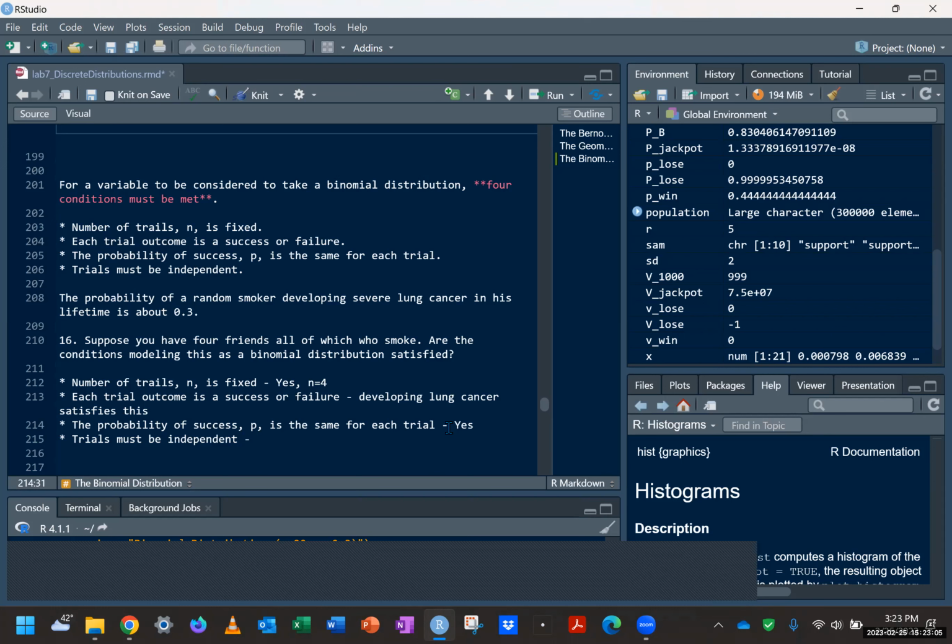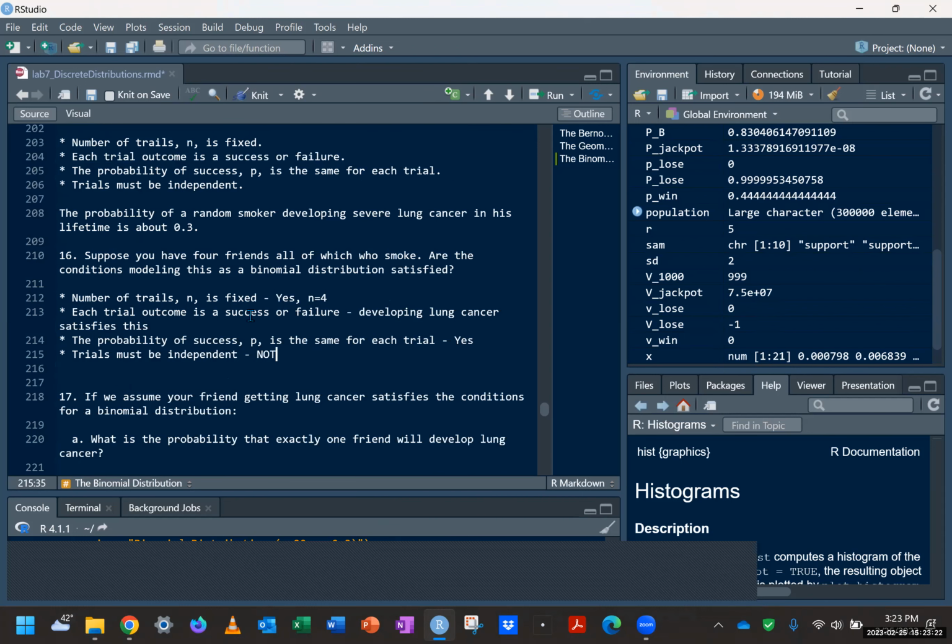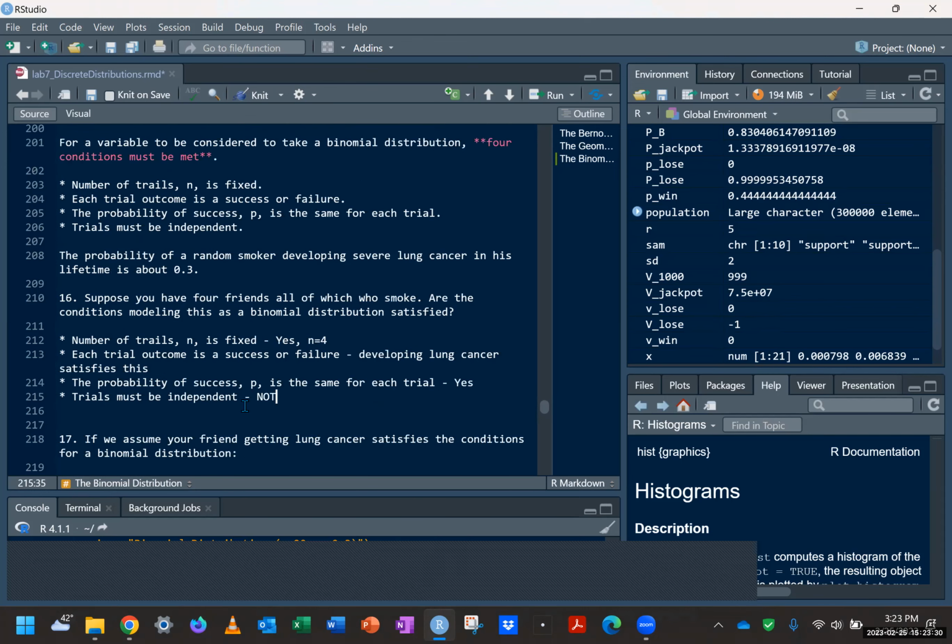So the fact they smoke means, yeah, they're going to have a 30% chance of getting cancer, but they also might have other habits, and maybe they drink together. Maybe something else will cause them to get cancer. So this is not satisfied, and that's sometimes difficult in an experiment to satisfy. So what we then do is we assume, hey, let's just say it does, even though we admit one of these conditions is kind of iffy, and then we can proceed with our analysis.